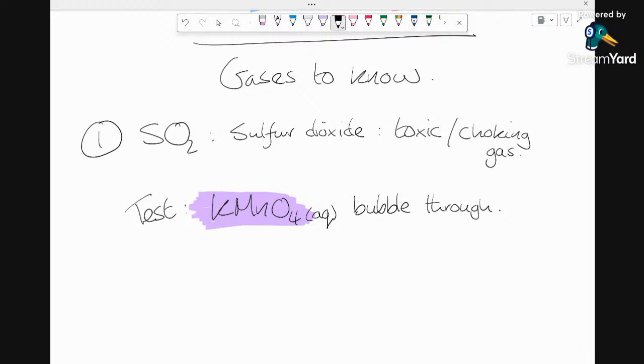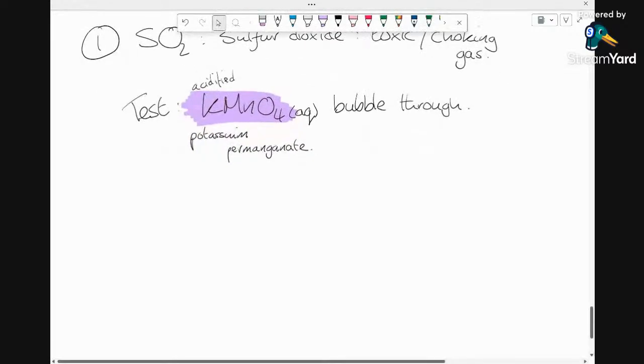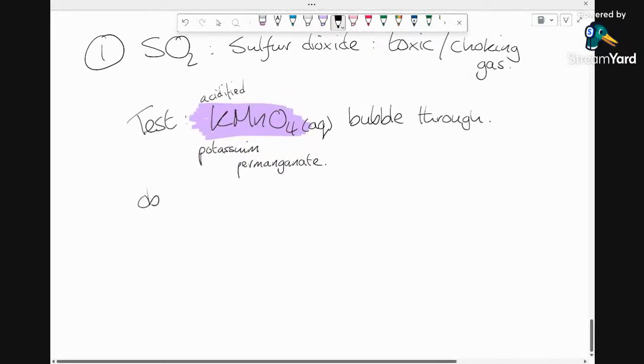It actually doesn't need to be acidified because it acidifies itself, but they won't mind if you say it. So I quite like to do it, but as I said, you don't really need it. So acidified potassium permanganate. I'll write the name as well, because of course you're listening to my voice, but you might miss certain things. Permanganate, and it's purple. And the observation for this is it'll go from purple to colorless.